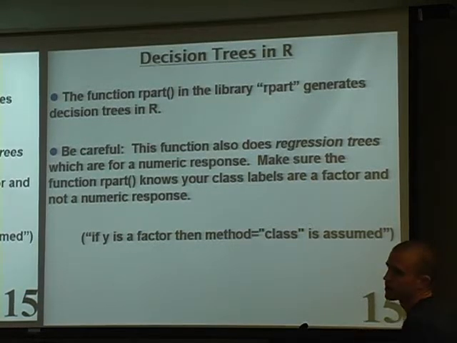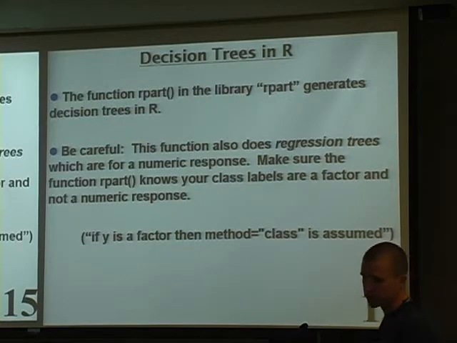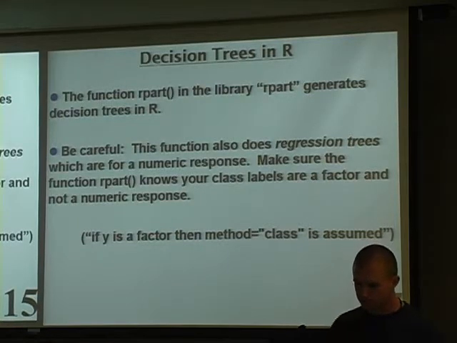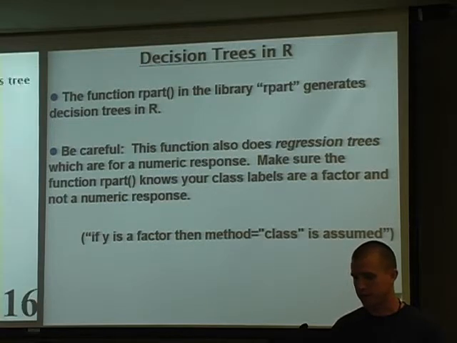And you can imagine things are slightly different. You have a slightly different loss function. With the decision tree you get predictions that are either 0 or 1, whereas with a regression tree you get predictions which could be any value. Okay, so just be careful that you're telling R that you have a factor so that it knows you're doing classification, not regression, when you use rpart, because rpart does do both of them.